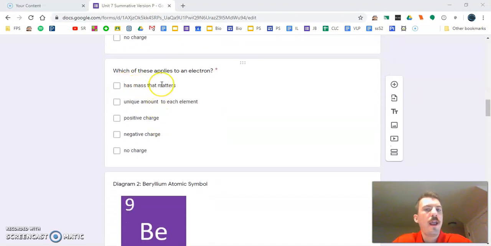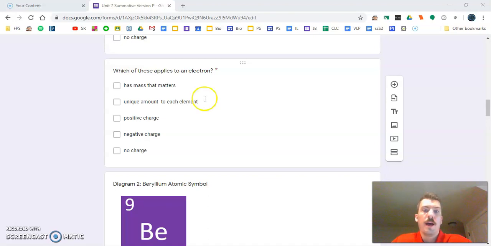Electrons do not have mass that matters. Yes, they have some mass, but very little mass. It doesn't matter. We don't even count it. Unique amount to each element? No, because as we know, ions can have different amounts of electrons, but still be of the same element.